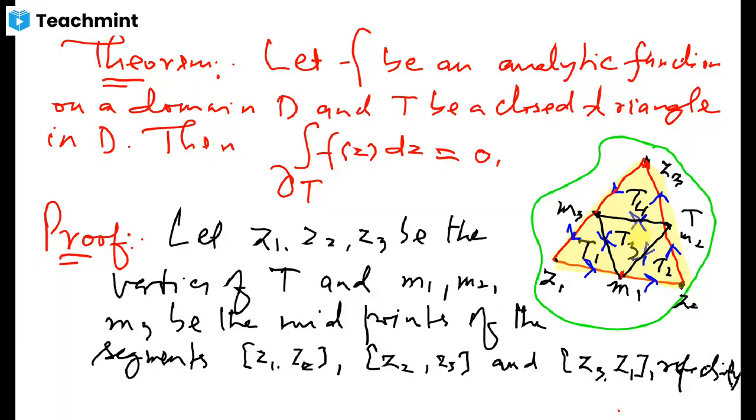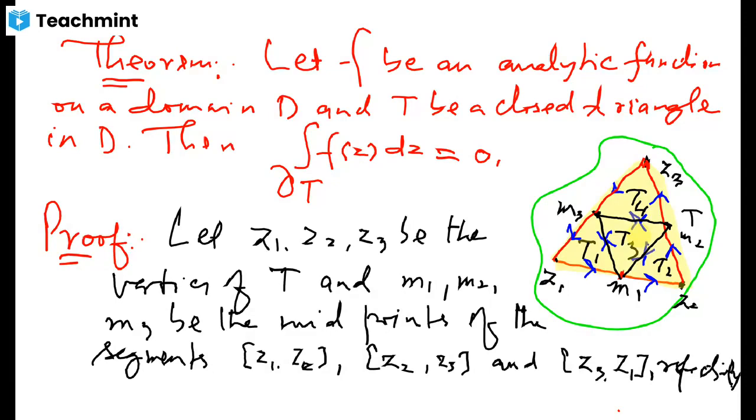So what happens then? You know that when you change the orientation of a curve, the sign of the integral changes. So first when you are integrating from M1 to M2, the sign is positive, and when you are integrating from M2 to M1, the same integral, the sign will be negative. So positive and negative, both these terms will cancel out.